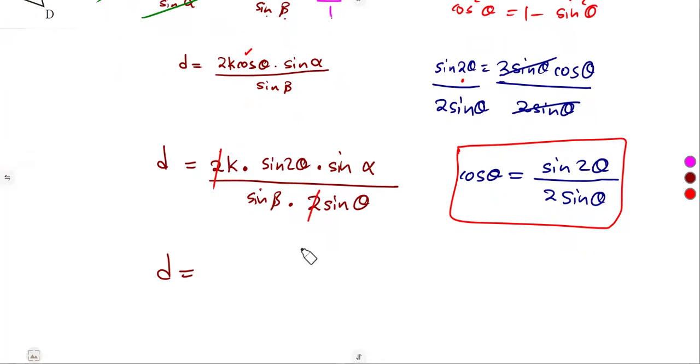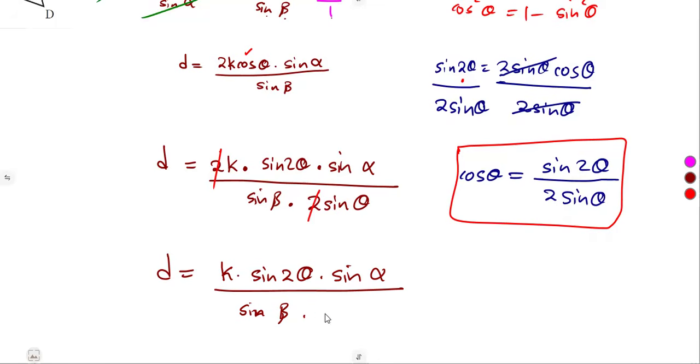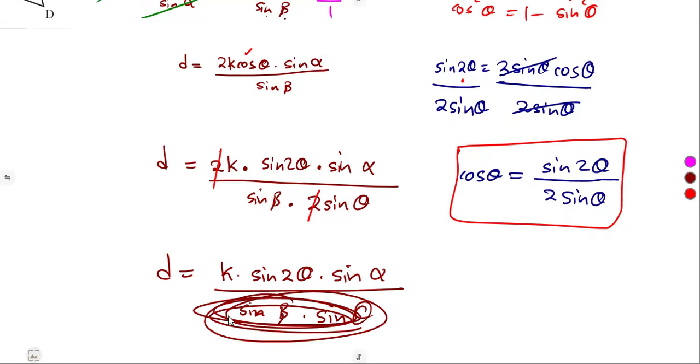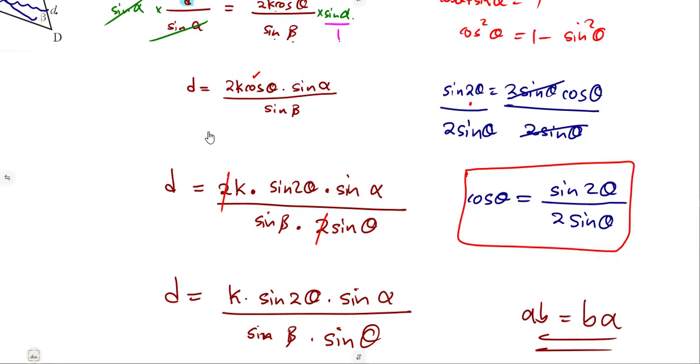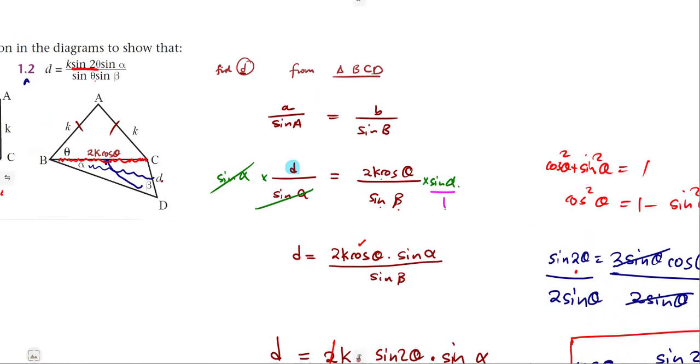So we can rewrite our answer as k times the sine of 2 theta times the sine of alpha, everything over the sine of beta times the sine of theta, as it was given in the question. Writing sine beta times sine theta in either order does not matter. Remember, AB is the same as BA. It is one and the same thing.